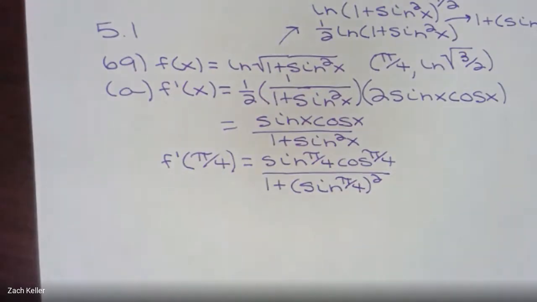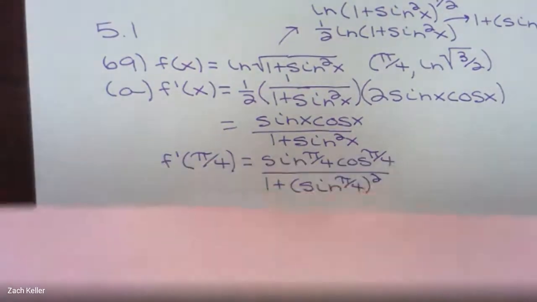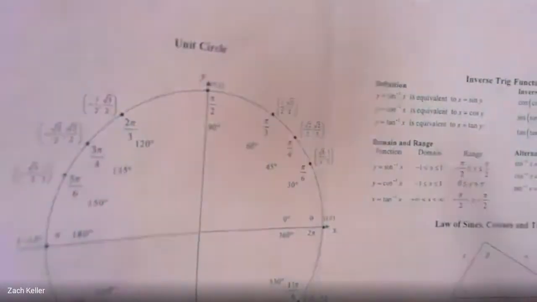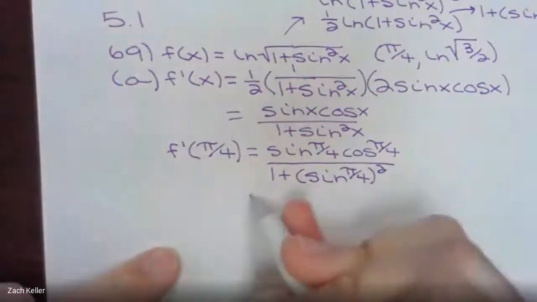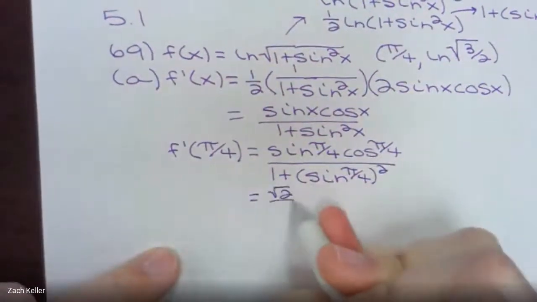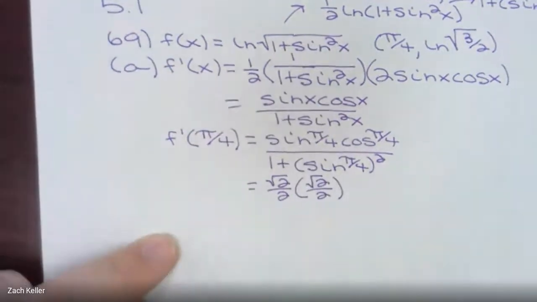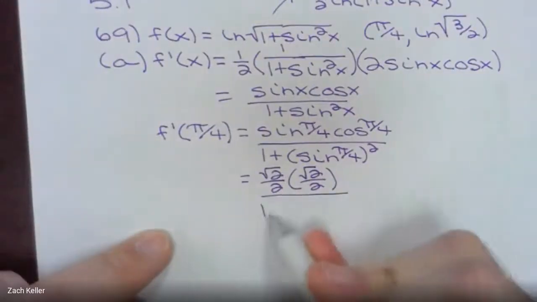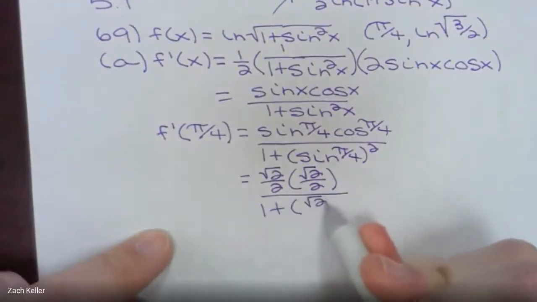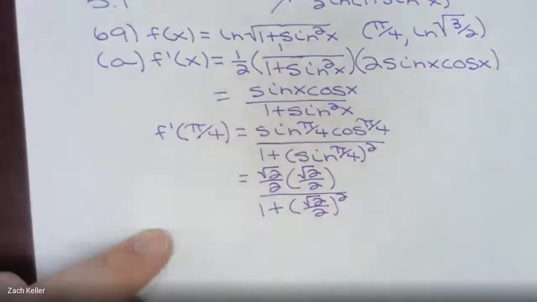Sine of pi over 4 and cosine of pi over 4 are both square root of 2 over 2. So this will be square root of 2 over 2 times square root of 2 over 2 over 1 plus square root of 2 over 2 squared.